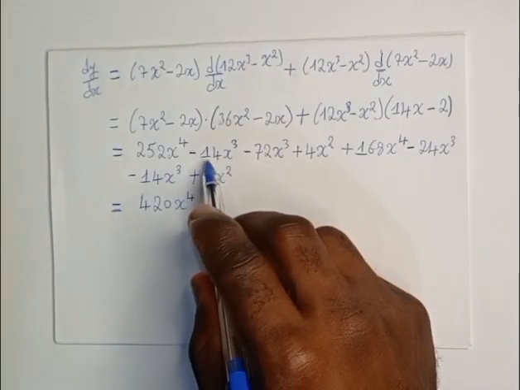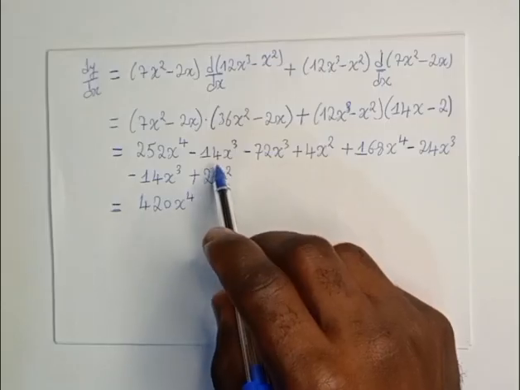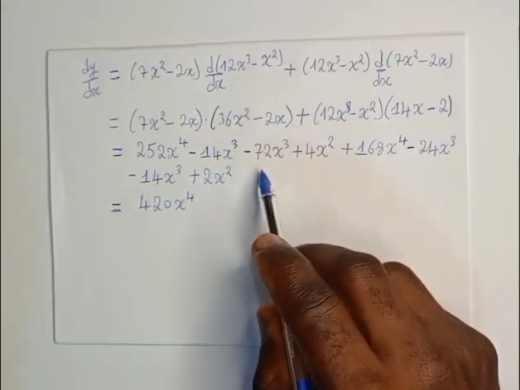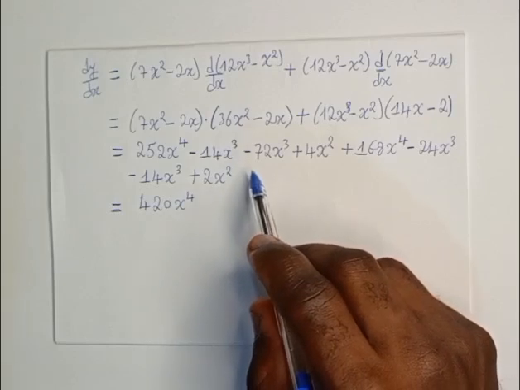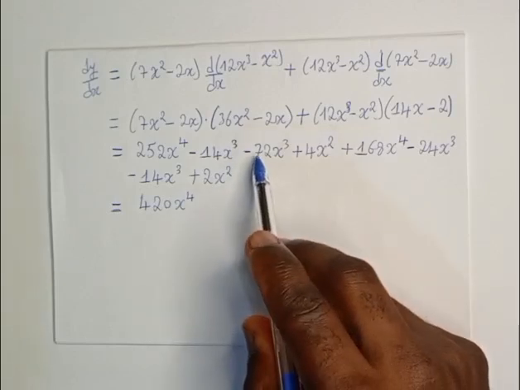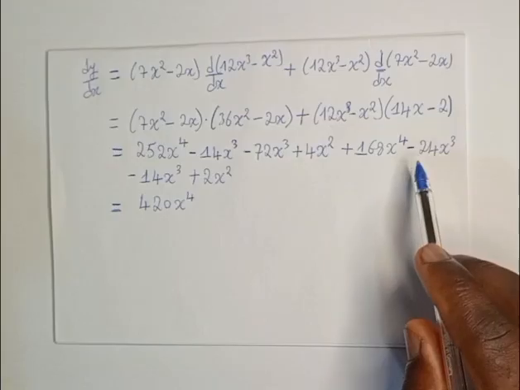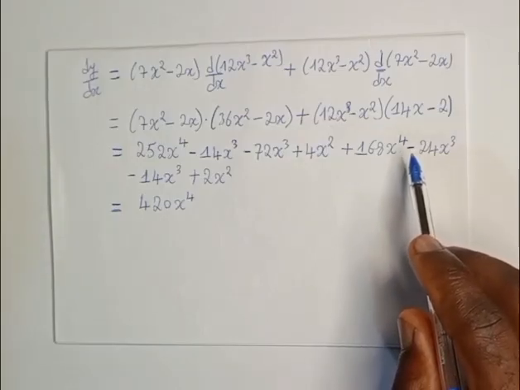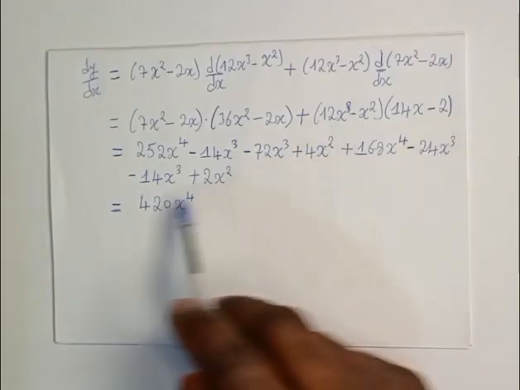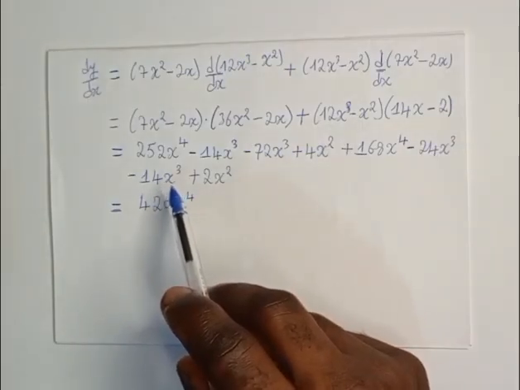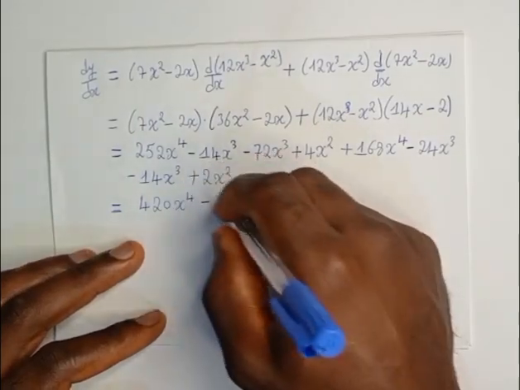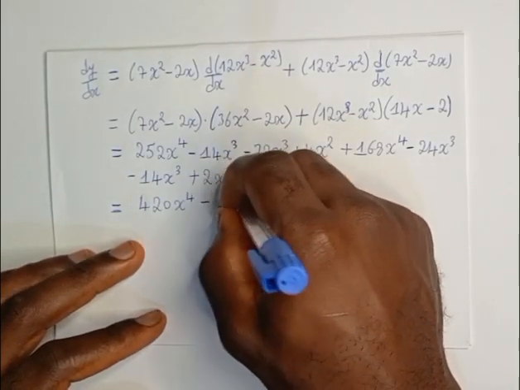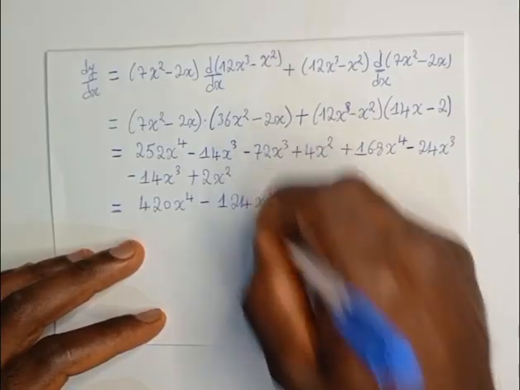We have negative 14x cubed minus 72x cubed. It gives us negative 86x cubed, minus 24 gives us negative 110x cubed, minus 14 gives us negative 124x cubed.